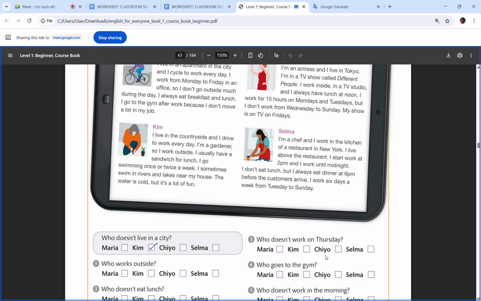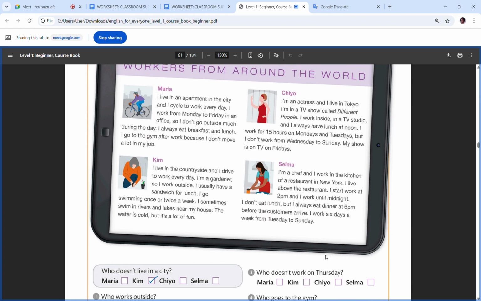Is it Chio from Tokyo? Why? She said she works on Monday and Tuesday. Very good.